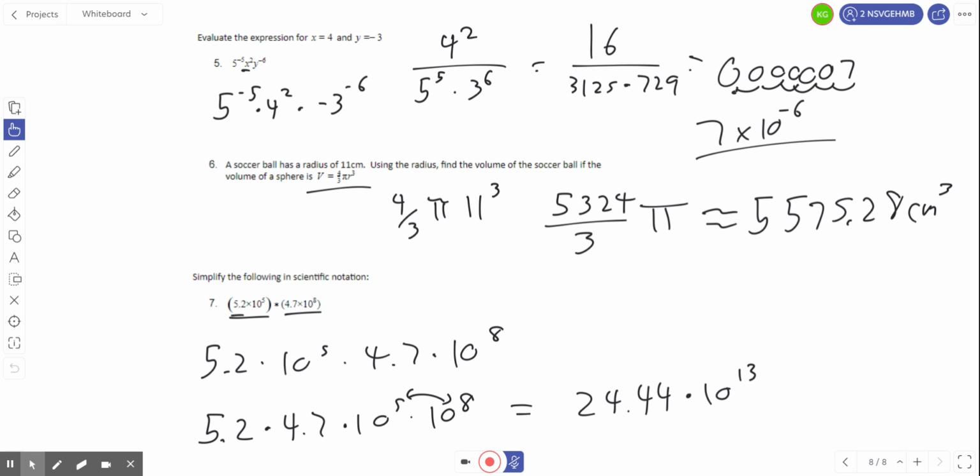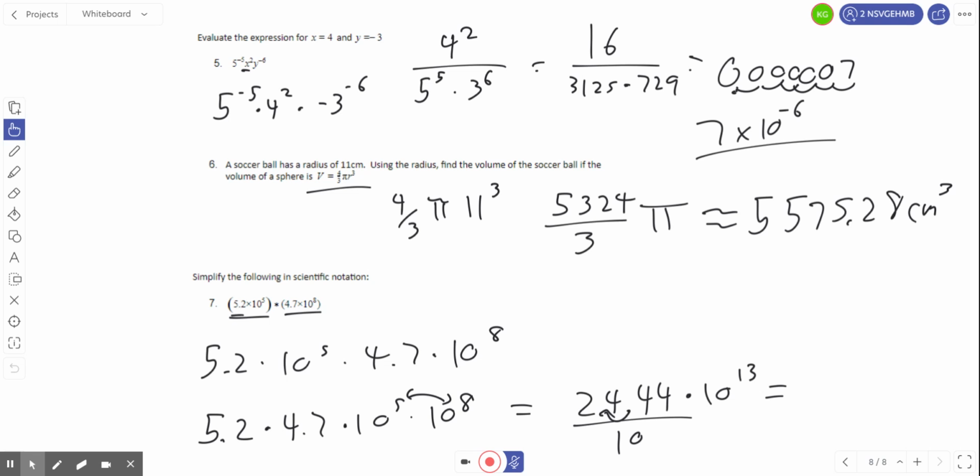And this is almost correct, except this coefficient is not allowed to be bigger than 10. So what we're going to do is bump this decimal place over, which is basically dividing this by 10, which would change our answer.